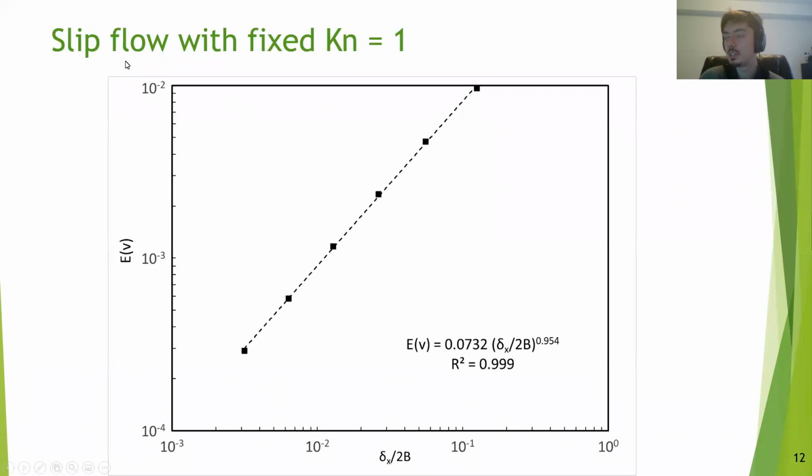So when we impose a slip flow with a fixed Knudsen number of 1, which is well into the rarefied regime, we see a degradation of the convergence order, where rather than second order convergence, we now have first order convergence. This appears rather disappointing, and it might have solved the controversy, but it's actually more complicated than that.